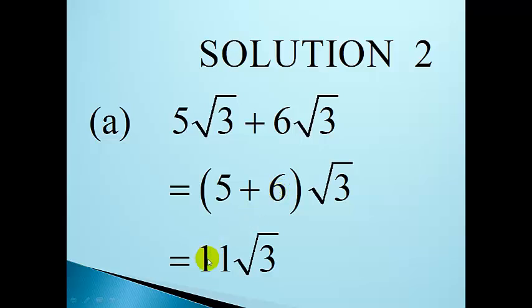So we have 11 root 3. This means that 5 root 3 plus 6 root 3 is equal to 11 root 3. That is when they carry the same surd, you can add the coefficients.